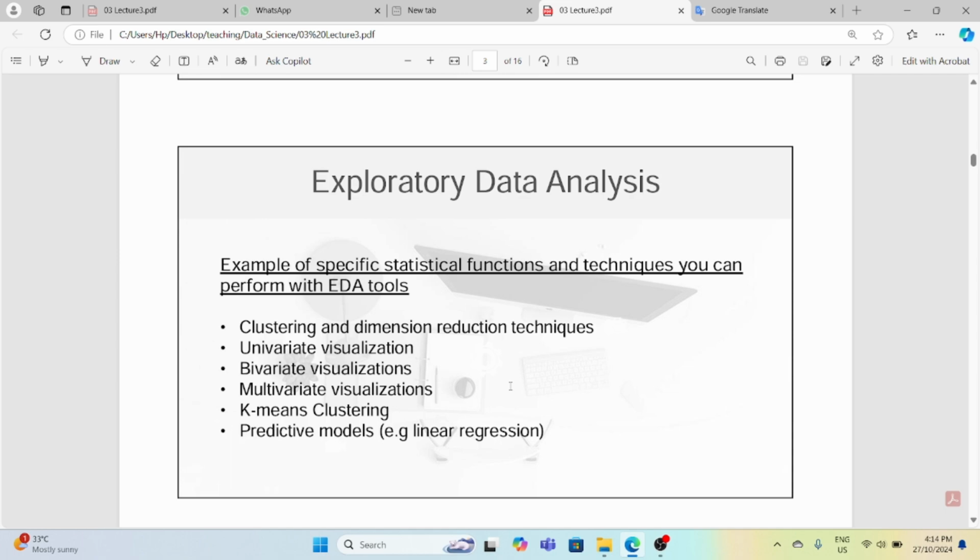There are some examples of specific statistical functions and techniques you can perform with EDA tools.